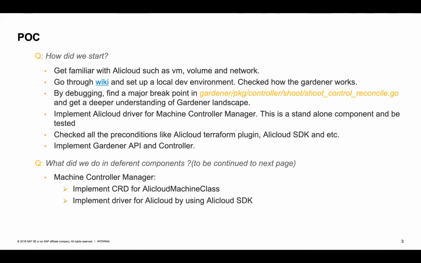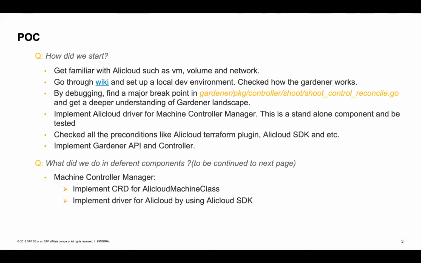And how did we start? Because we are quite new to Alicloud and quite new to Gardener, first we needed to get familiar with Alicloud, such as computing resources, volumes, and networking, which are quite fundamental for IaaS providers. Then we needed to get familiar with Gardener.